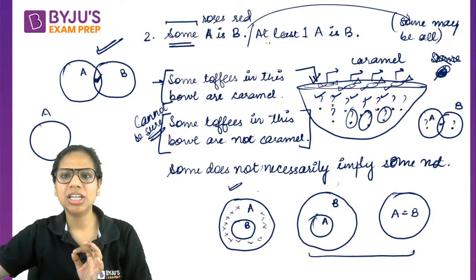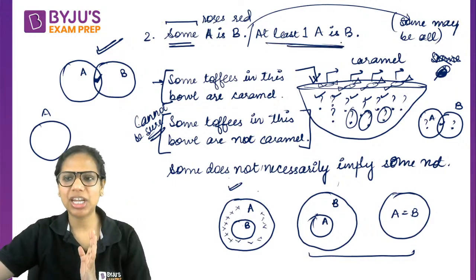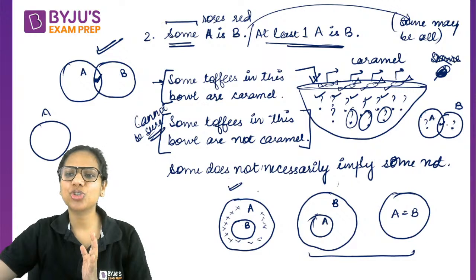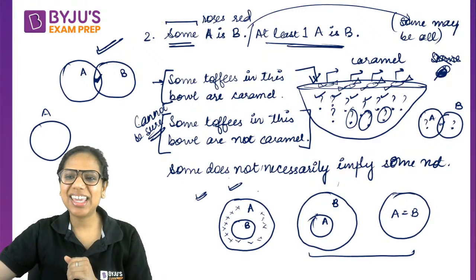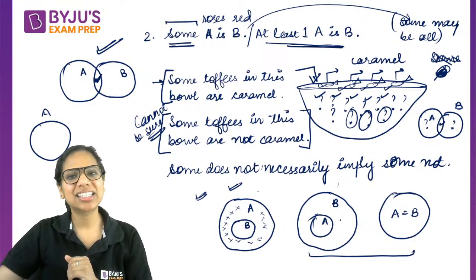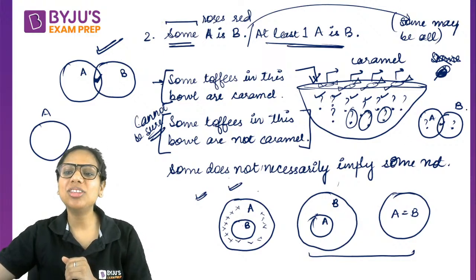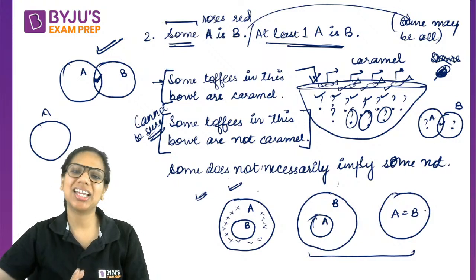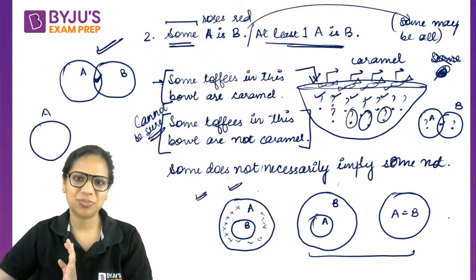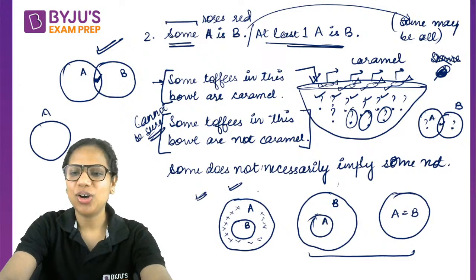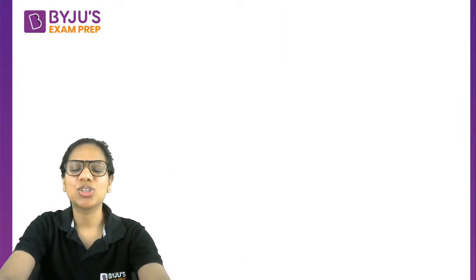When I say some A is B, it simply means at least one A is B. So when I delete this outer portion of B, B completely comes inside A and I get this diagram. When I delete this outer portion of A, A completely comes inside B and I get this diagram. And when I delete both the portions, I am just left with the common portion where A is equal to B and I get this diagram. It's a very commonsensical thing that we have done here. Okay, let's proceed to our third statement.